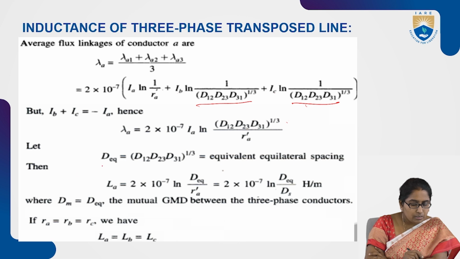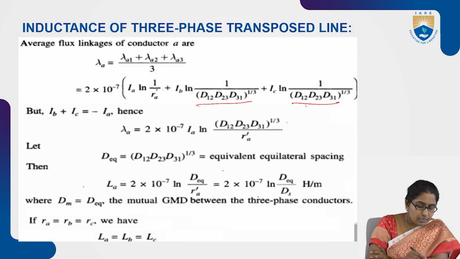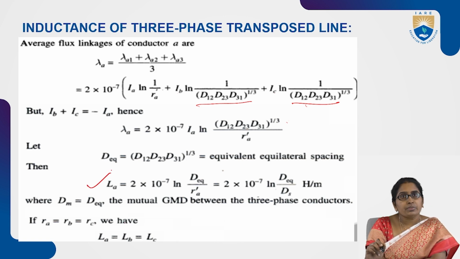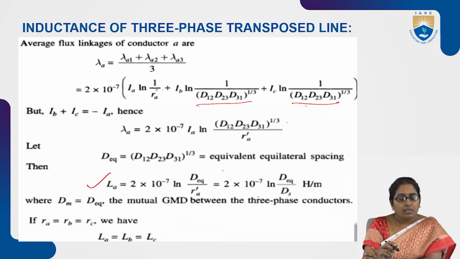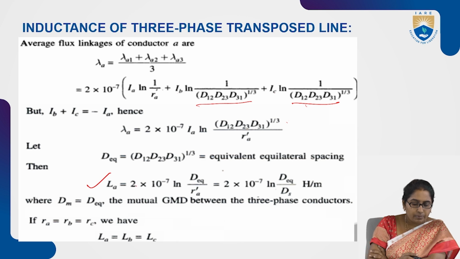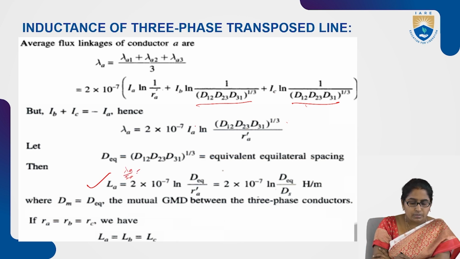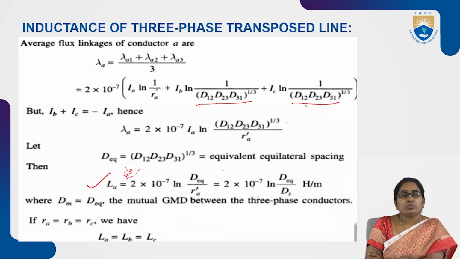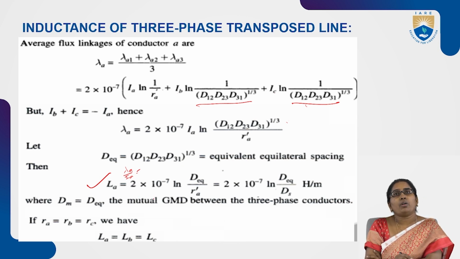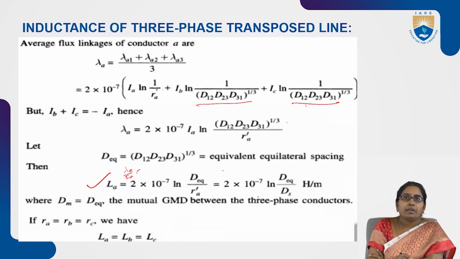Here D equivalent is equal to (D12 D23 D31) whole power 1 by 3, that is the equivalent equilateral spacing. Finally, the expression for La is given by psi A by Ia, so Ia gets cancelled: 2 into 10 power minus 7 log of D equivalent by Ra dash.